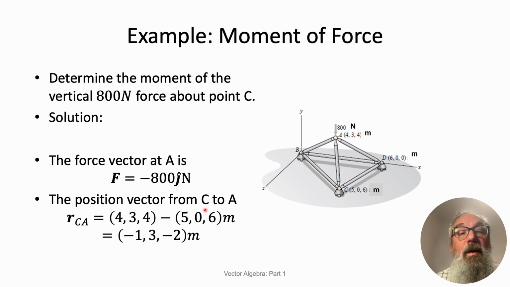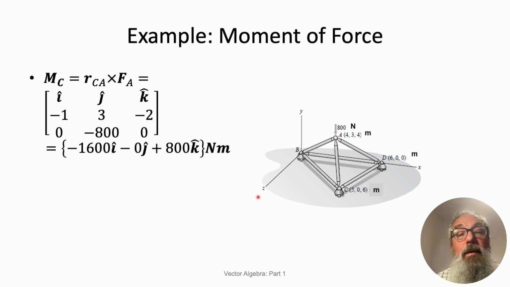The position vector from A to C is C minus A, sorry, CA. The moment is just r_CA crossed with the force vector, which we can expand in the determinant.